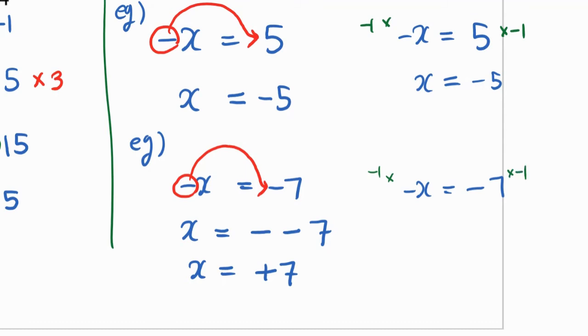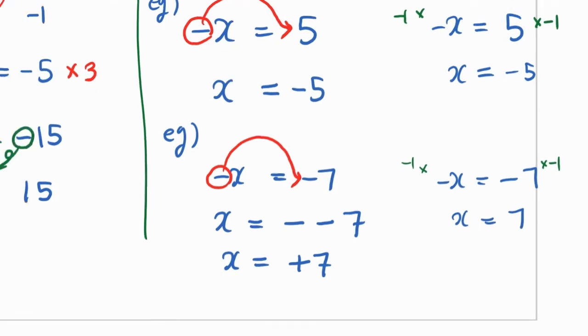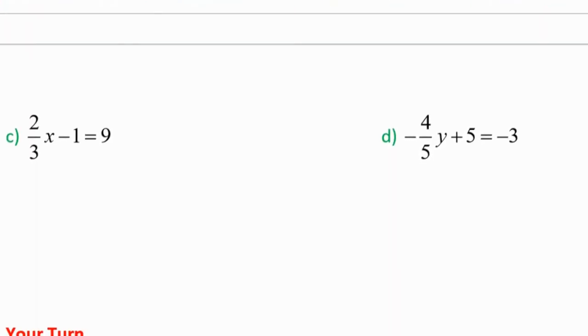Negative 1 times negative x becomes positive x. Negative 7 times negative 1 becomes positive 7. So this is how you solve it when you get negative x, and you find x by moving the negative sign to the other side. Can you guys do this?